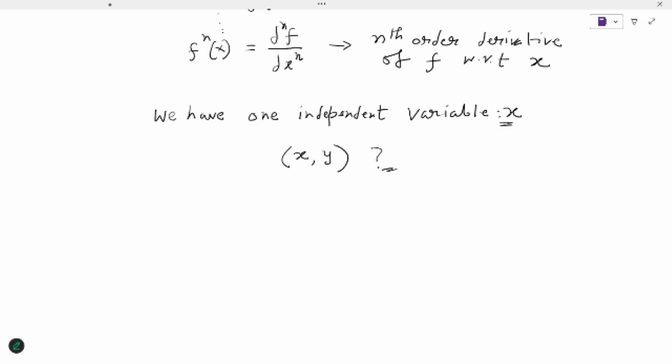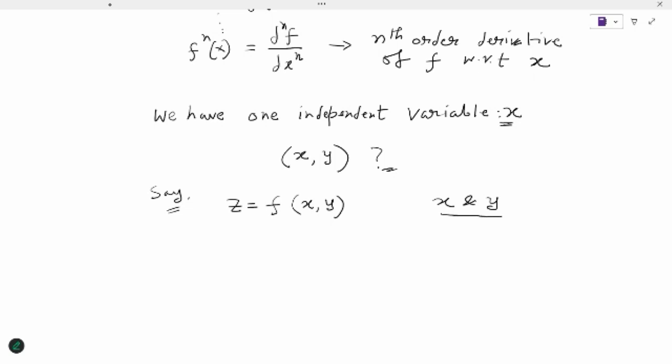Let's suppose we have a function of such variables x, y, and this is z. Say we have z, that is a function of x and y, and this time we have two independent variables, x and y.